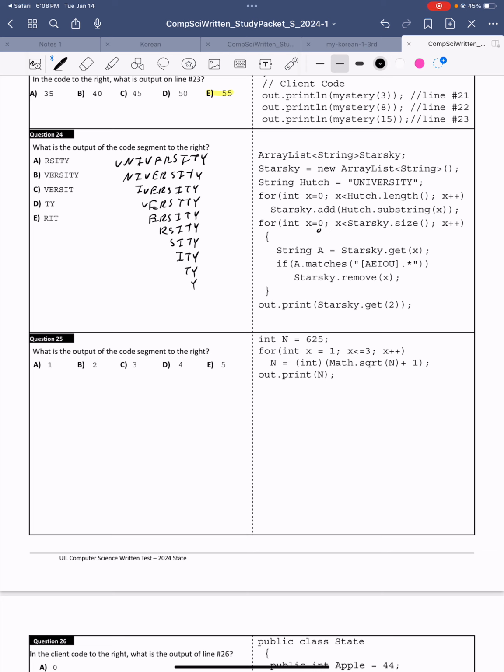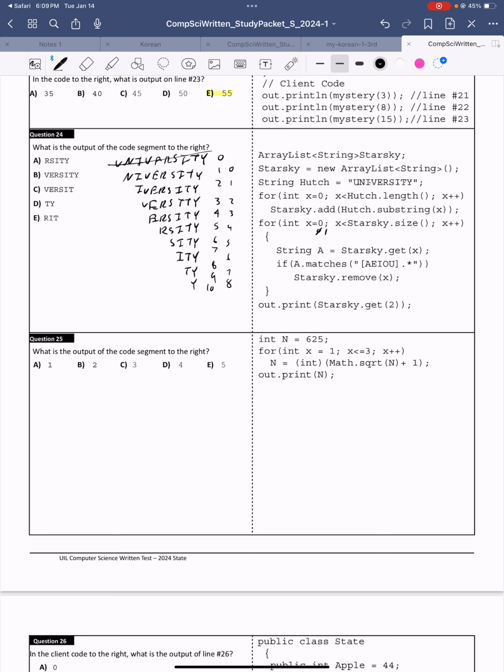So I guess 0, 1, 2, 3, 4, 5, 6, 7, 8, 9, 10. Yeah, so this crosses out, and then x becomes 1. This becomes 1, but then all these get shifted, so this is actually going to be the new 0. So 0, 1, 2, 3, 4, 5, 6, 7, 8.